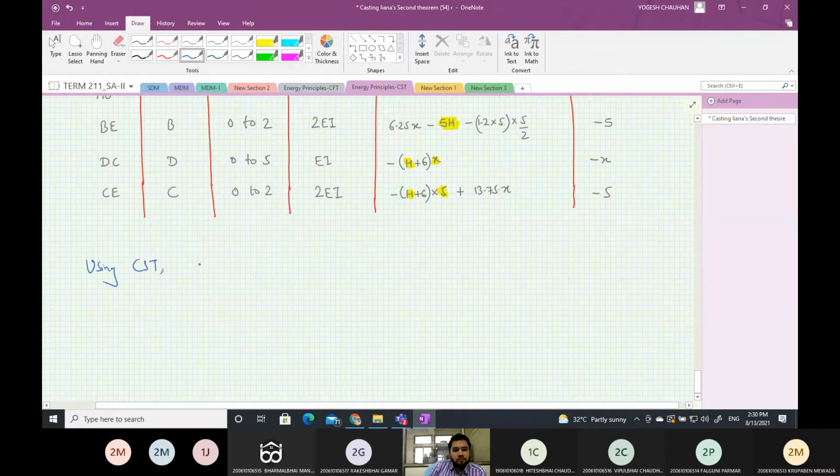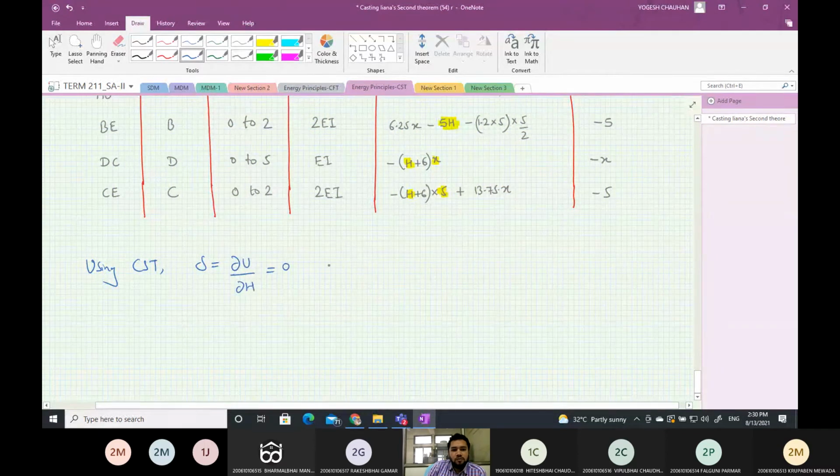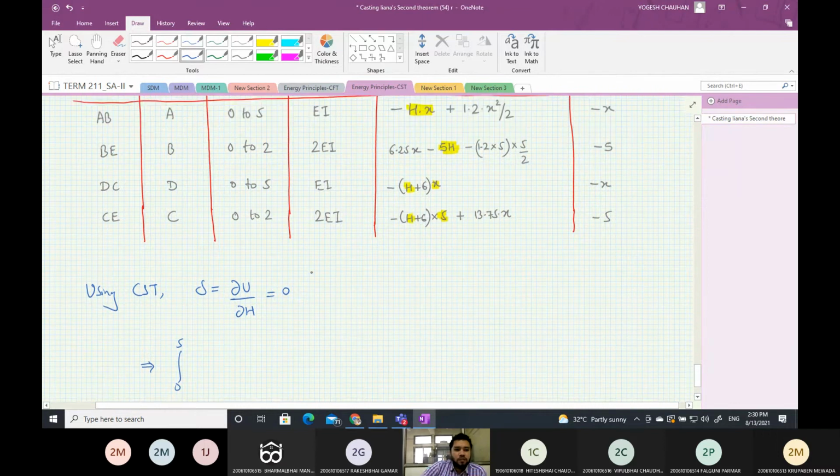Using Castigliano's second theorem, delta is equal to del U by del h equals 0, which implies integration from 0 to 5, first equation for segment AB.